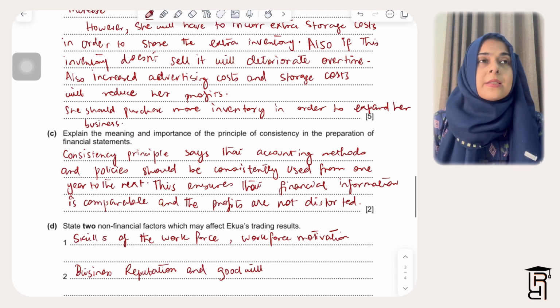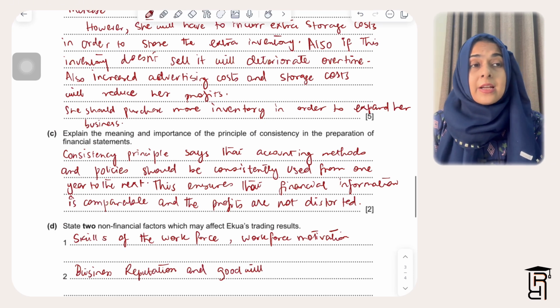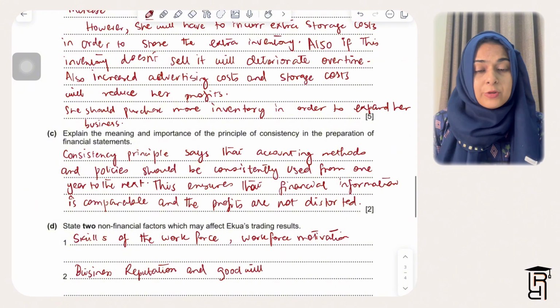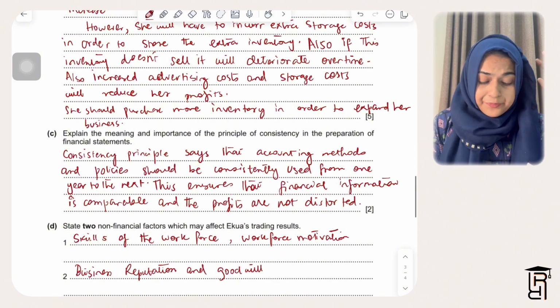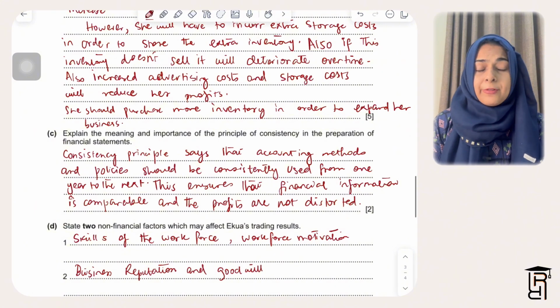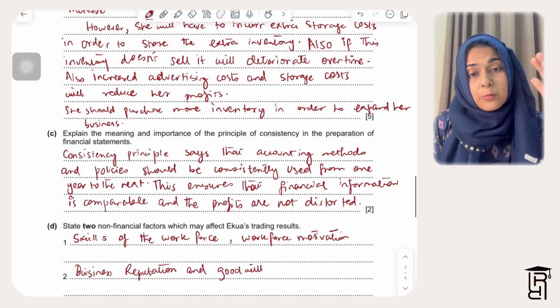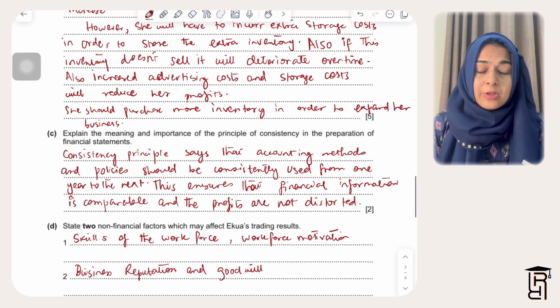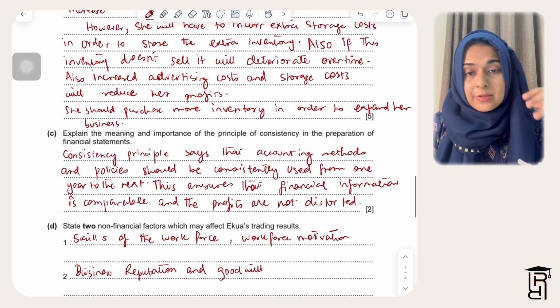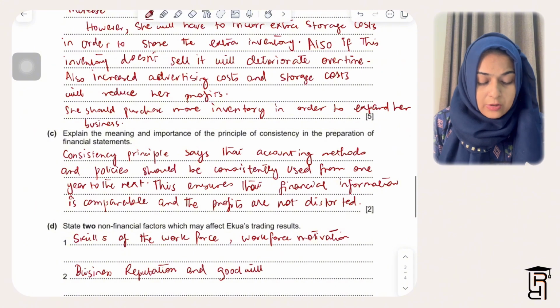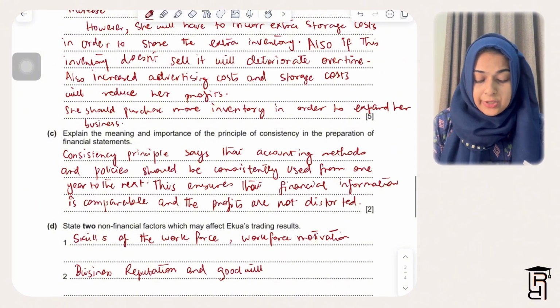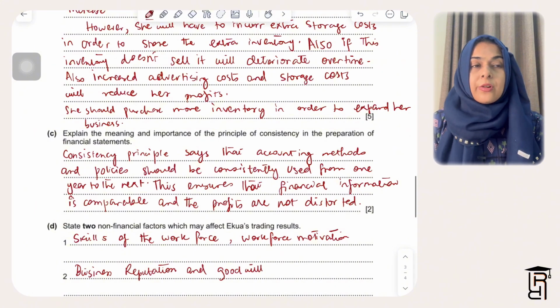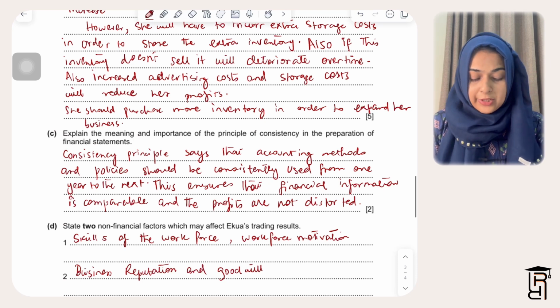If, let's say, it's fixtures and fittings and we are using straight line, we keep using the straight line method, so that the profits that I calculate are comparable from one year to the next. If I keep changing my methods and policies, that will go against the consistency principle of accounting. Also, the profits are not distorted, and your financial statements are comparable from one year to the next.